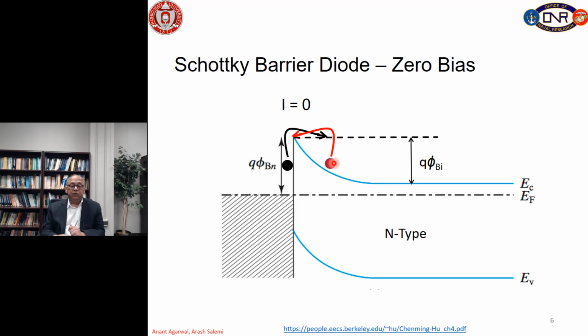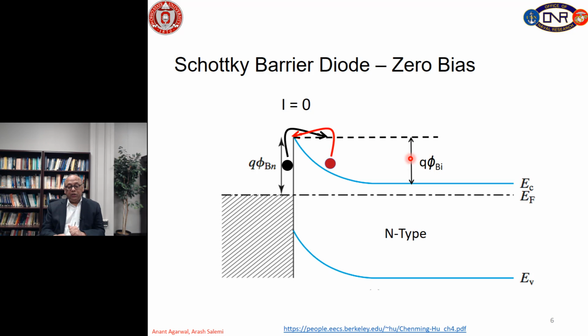There is another barrier shown here, it is phi bi, and that is the barrier on the semiconductor side. So, the electron here at the bottom of the conduction band will have to overcome this barrier to go from right to left as shown by the red arrow.